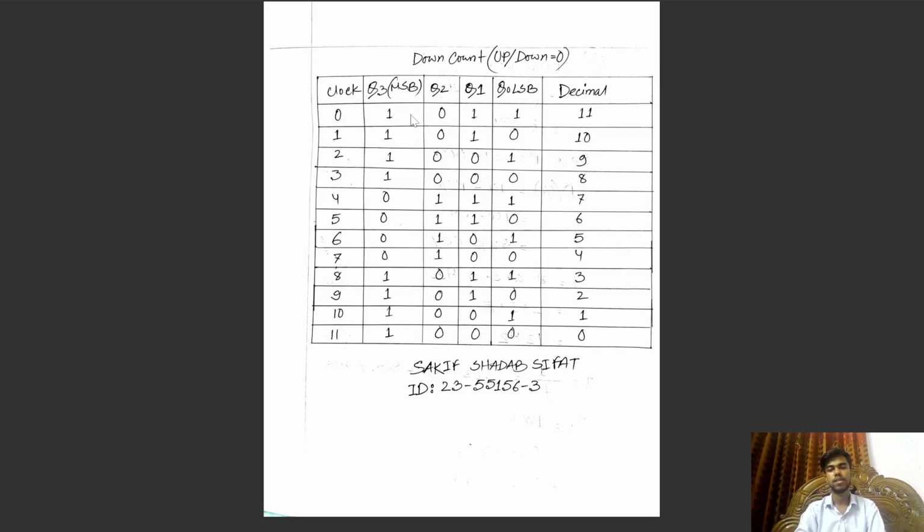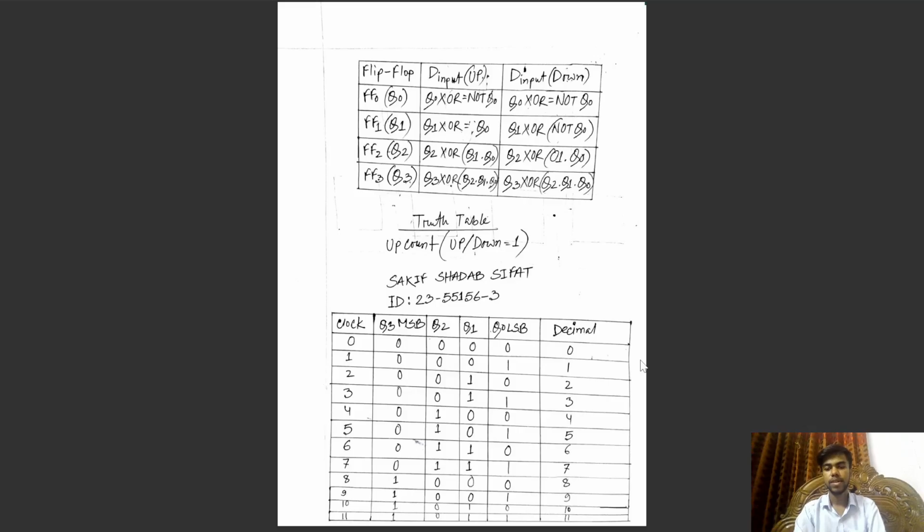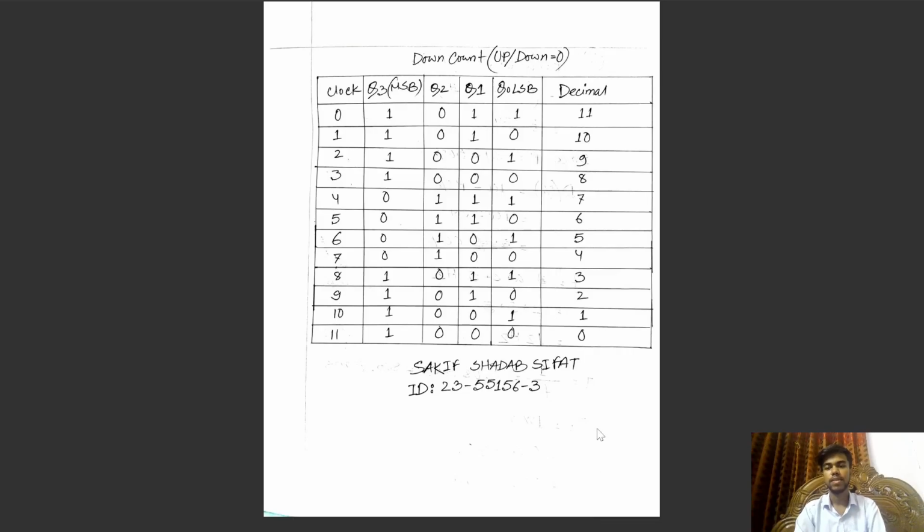Q3 is the most significant bit, then Q2, then Q1, and then Q0, the least significant bit, and here come the decimal numbers. Q3 has been listed serially, 0, 0, 0, 0 and 1, 1, 1. The same goes for Q2, Q1 and Q0, and the decimal number. The difference is that here the decimal number starts at 0 and finishes at 11, and the same thing happens but it repeats from 11, then it comes to 0.